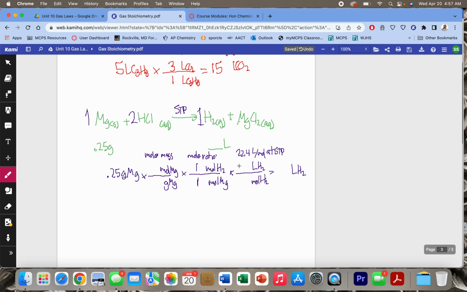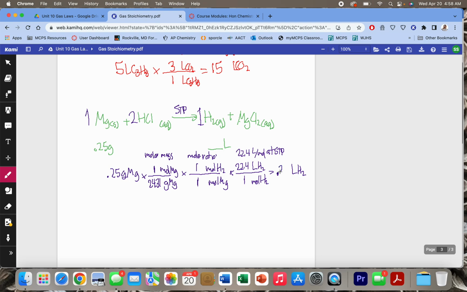Okay, so at this point I have 22.4 liters and 1 mole, and all I need to do is go to my periodic table and look up the molar mass of Mg and find that 1 mole of Mg is 24.31 grams. And now I have everything worked out, and I can do it on a calculator and say 0.25 grams divided by 24.31 times 1 over 1, and then times 22.4 would give me 0.23 liters.